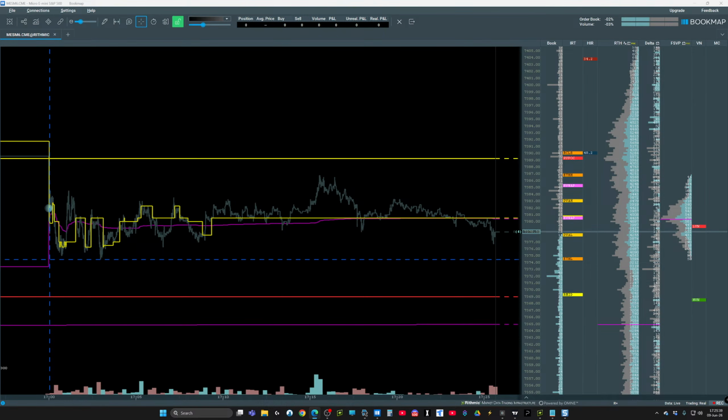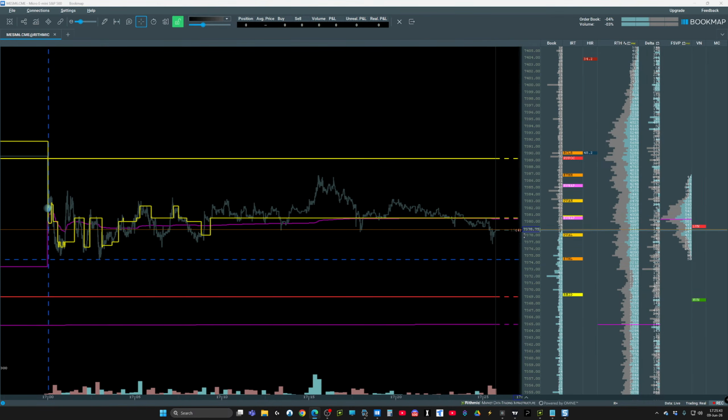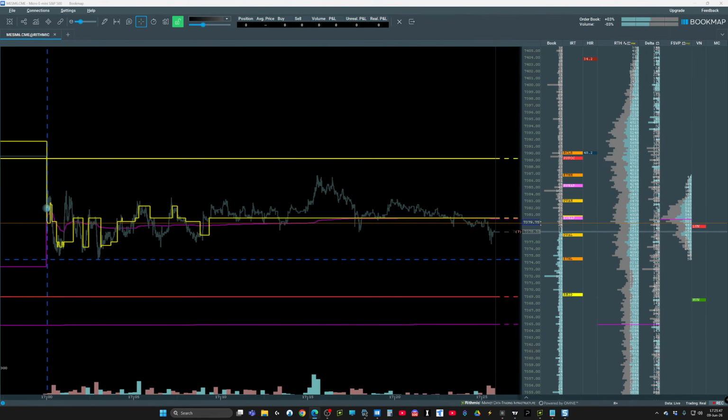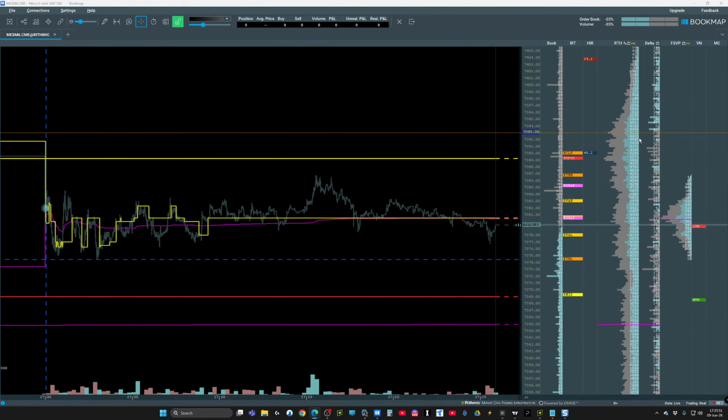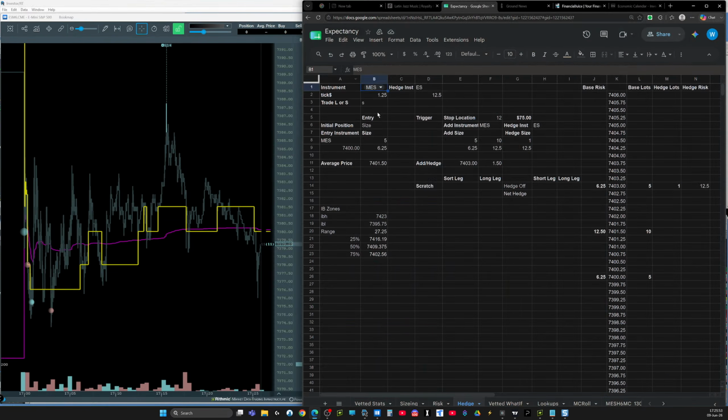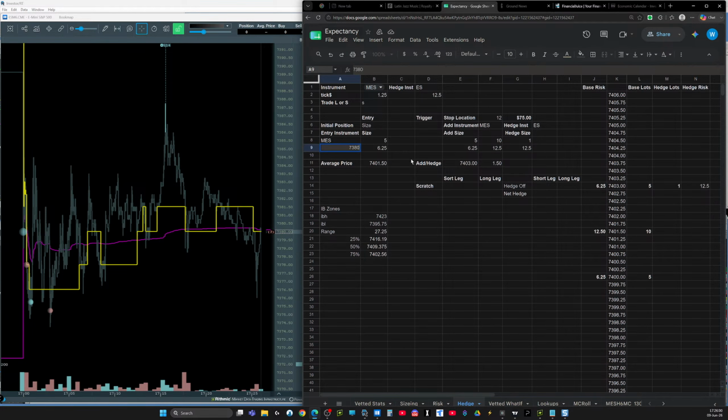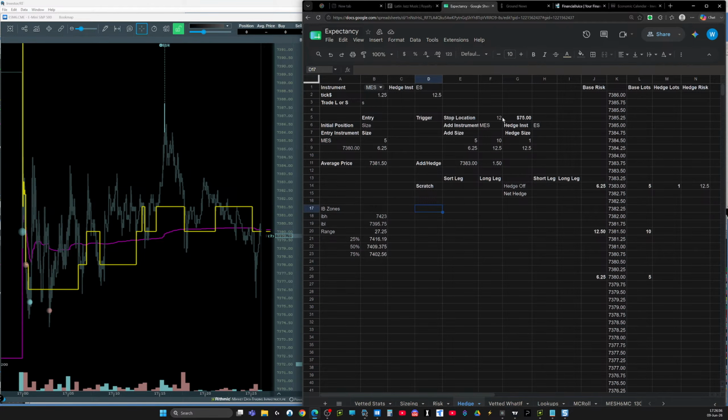So the way the hedge would work is, let's pretend that we take a trade here at 73.80, and we'll pretend that it's a short for sake of demonstration. Short 73.80, 3 points or 12 tick stop.